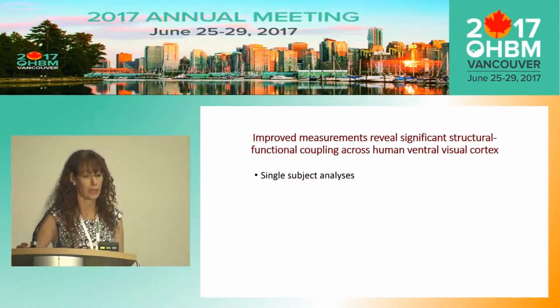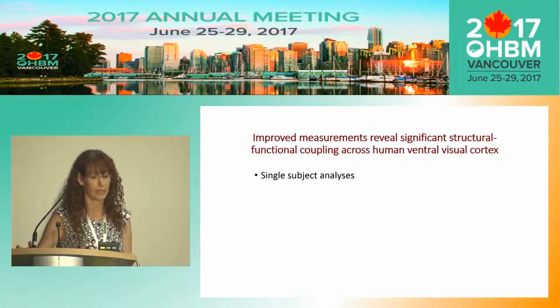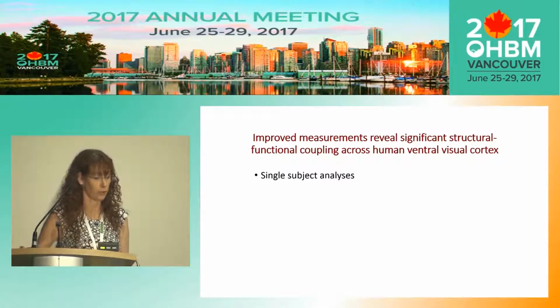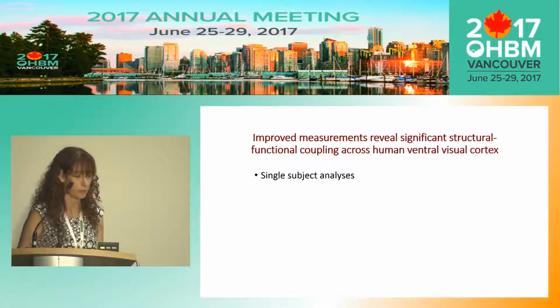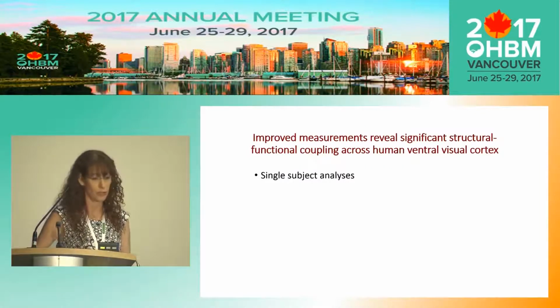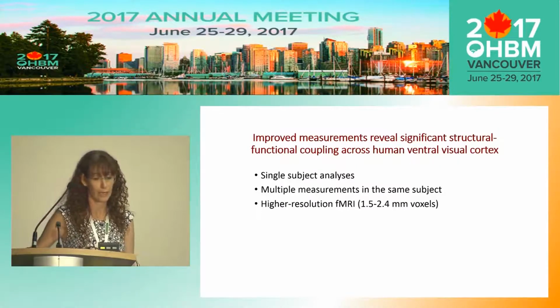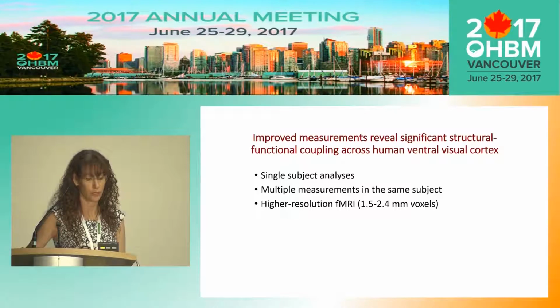However, I will argue that with improved measurements, we could find significant structural functional coupling outside early visual cortex. And these improvements come from several sources. First, our research uses single subject analysis. We do multiple measurements in the same participants. As noted by Reiner previously, there are benefits to using higher resolution fMRI, improving the accuracy and precision of measurements.